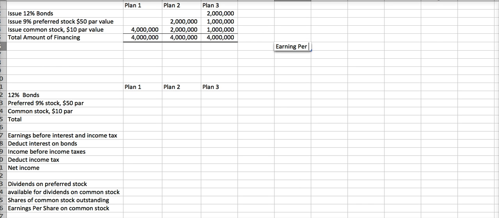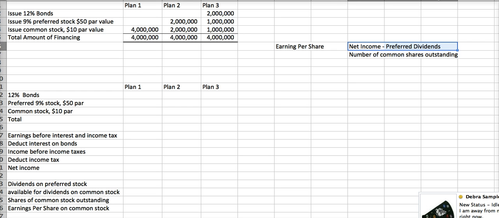Earnings per share, otherwise known as EPS, is going to be calculated like this. Net income less the preferred dividends, all divided by the number of common shares outstanding. What that's going to tell us is the earnings of that company per share of common stock.